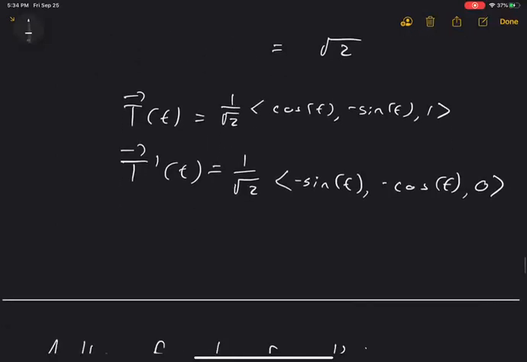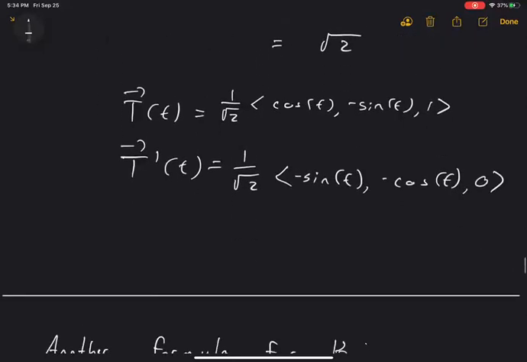So that's your T prime of t. Finally, what do you want to do? You want the magnitude of T prime of t over the magnitude of r prime of t. We already said in this case, this denominator is the square root of 2. So I got my T prime of t. I need to take its magnitude.